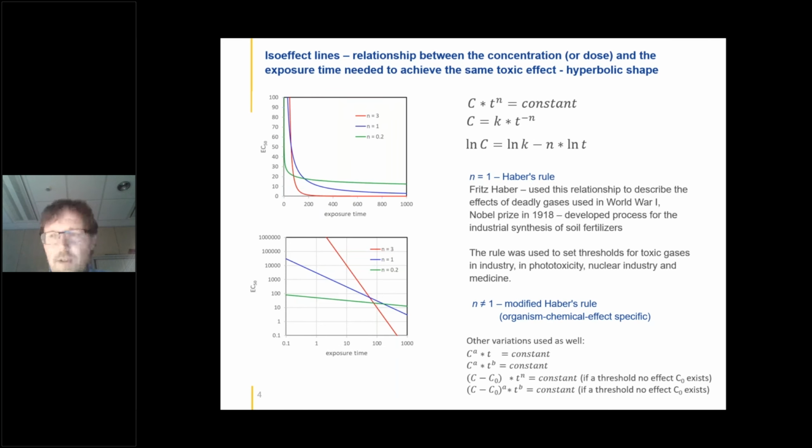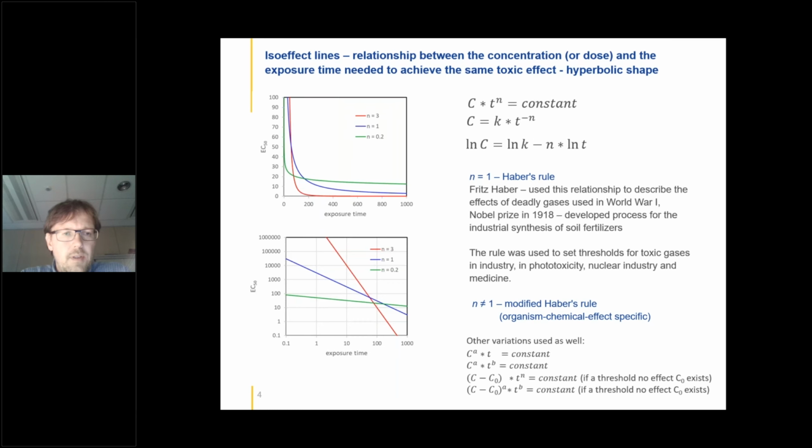And then many of the readouts which are done are disturbing to the cells. You simply need to fix the cells or kill them or lyse them, and you cannot make more than one exposure time on one set of cells. So we decided to apply the knowledge from the in vivo situation.